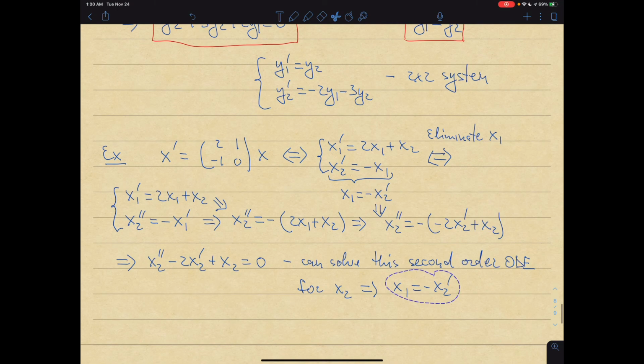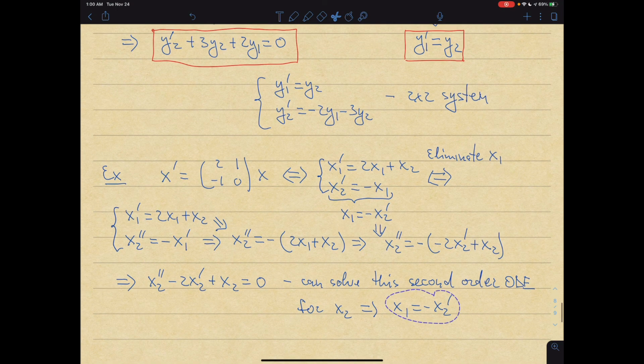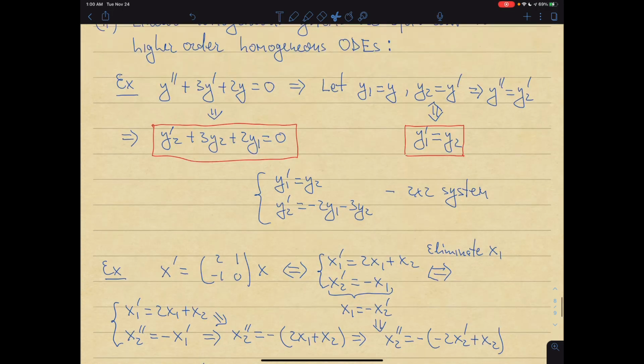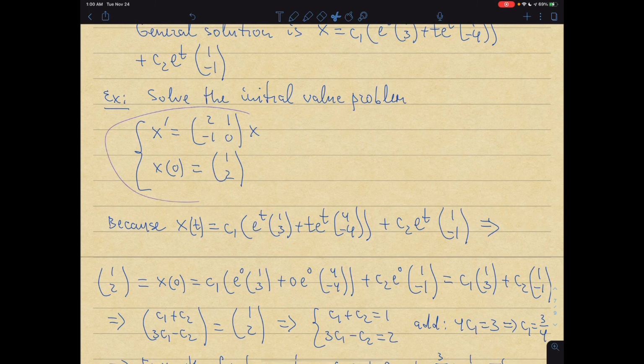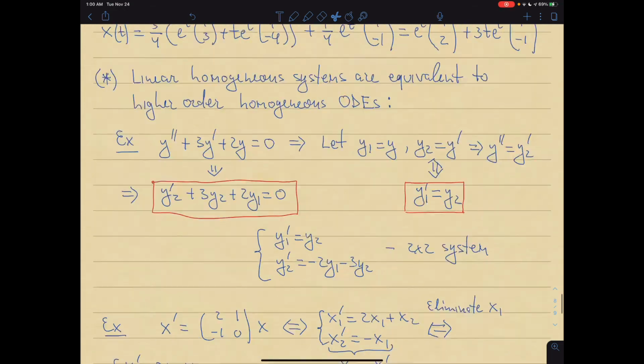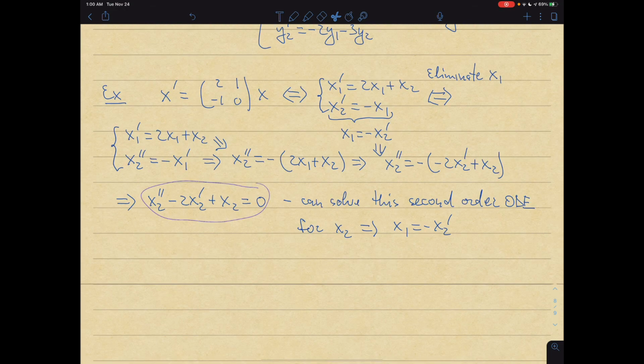What I would encourage you to do is to try to recover this. I solved this initial value problem already. But the question is, can I now reformulate this initial value problem in terms of this second order equation?